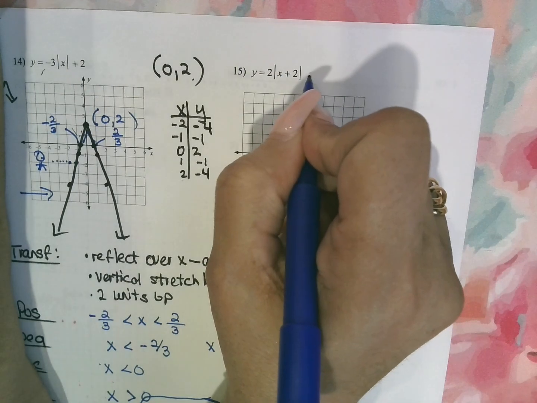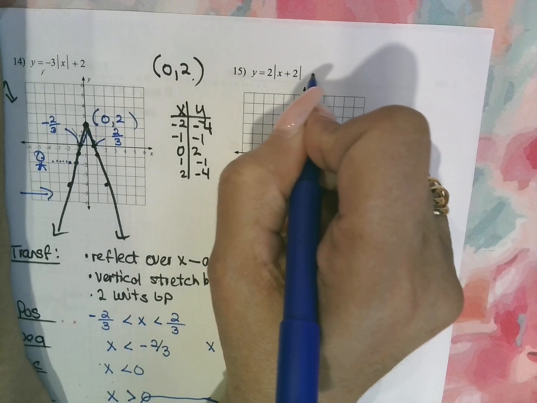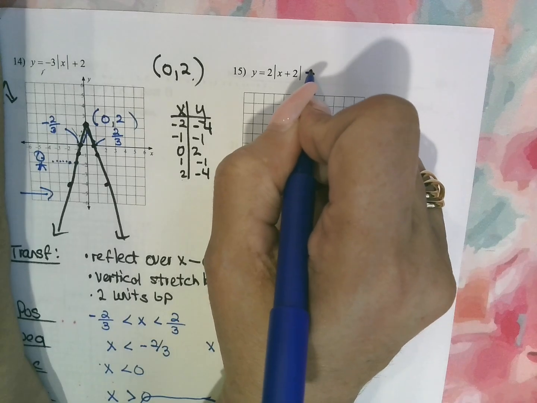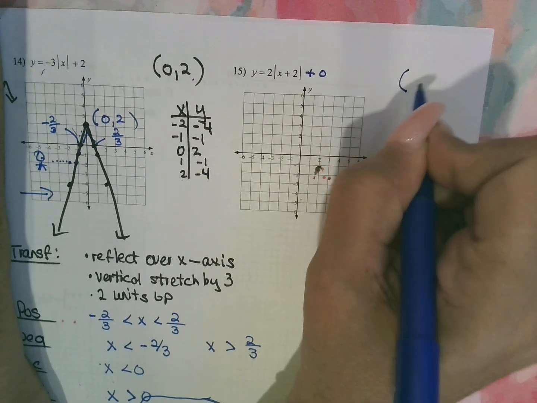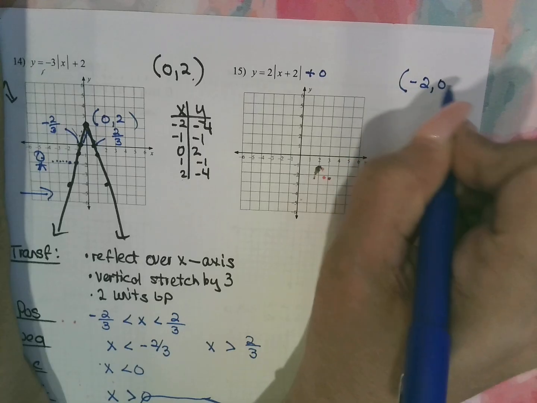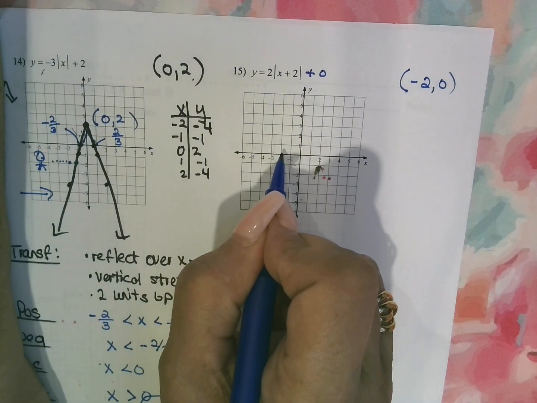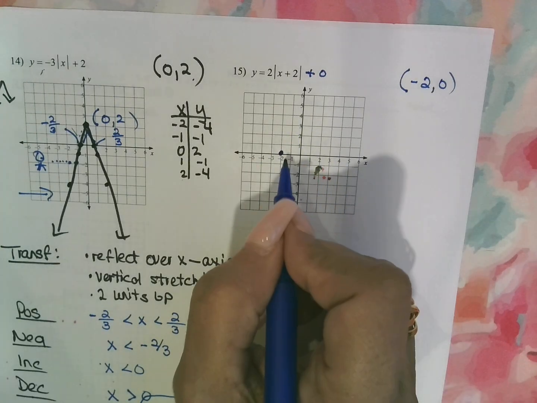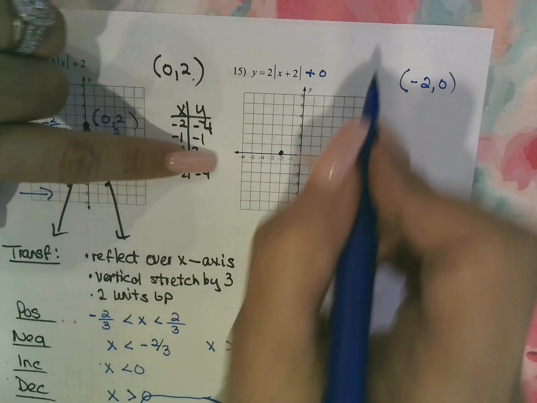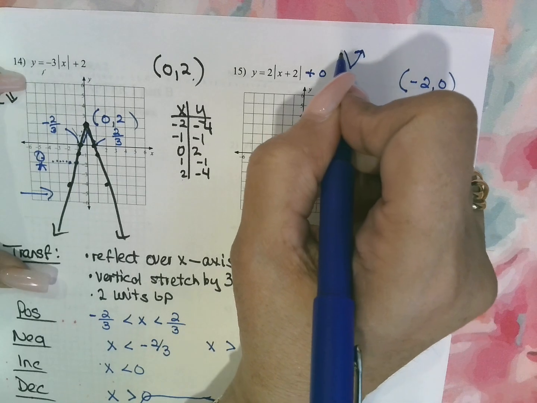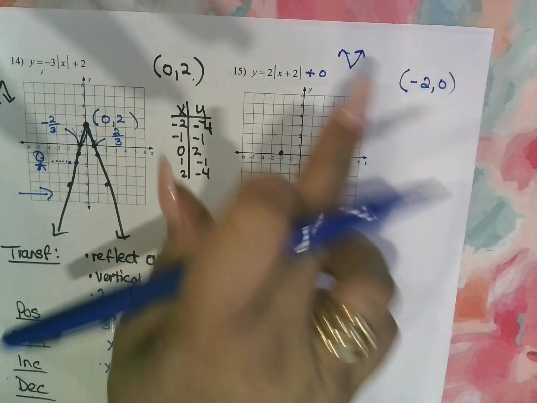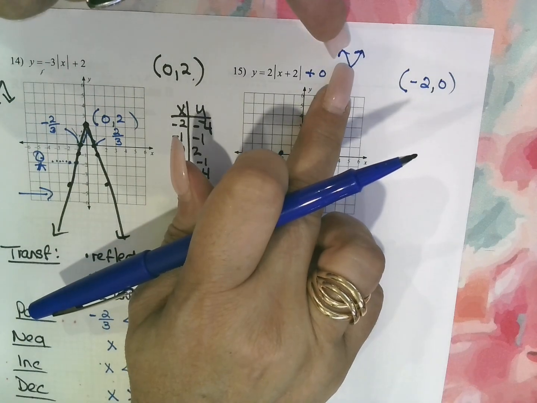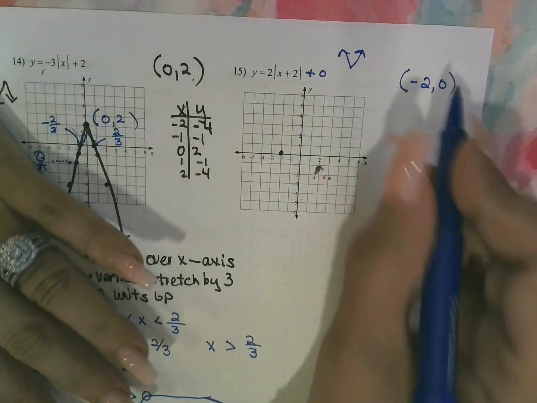Alright, the vertex here. There is no k out here, so we can just put a plus 0. So my vertex is at negative 2, 0. Negative 2, 0. And this guy is going to open up because it's positive. So we know we're going to have this situation. Which, by the way, the end behavior immediately you can see is going to be positive infinity, positive infinity.